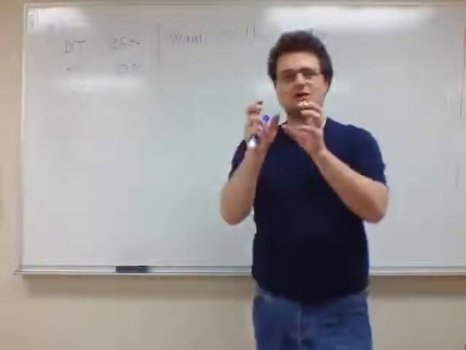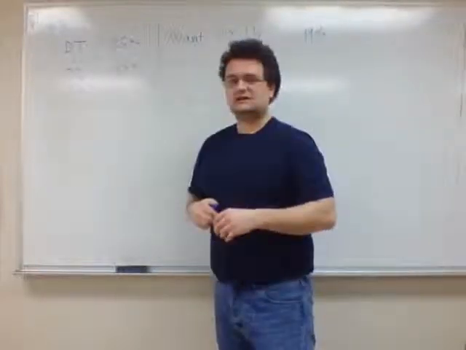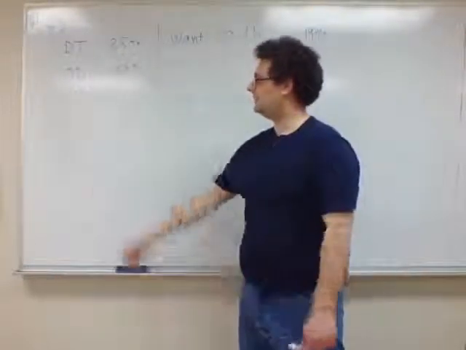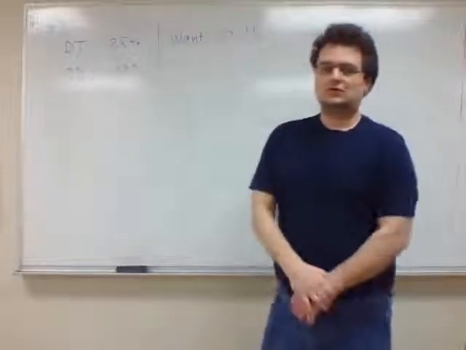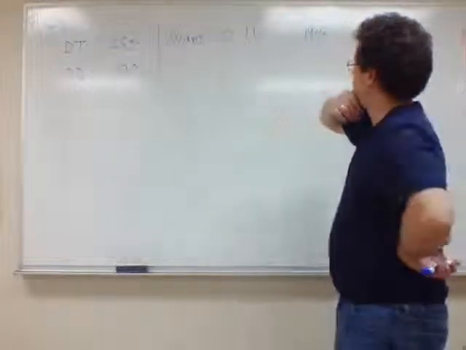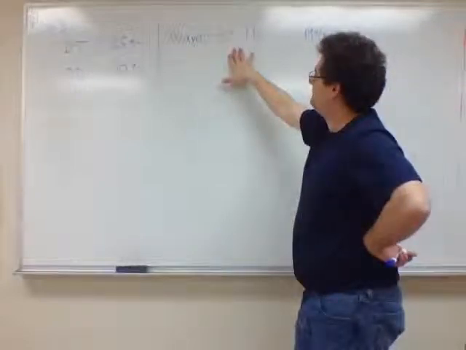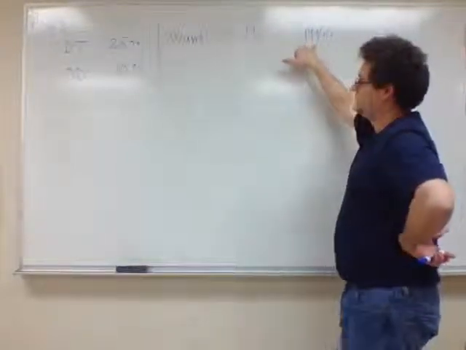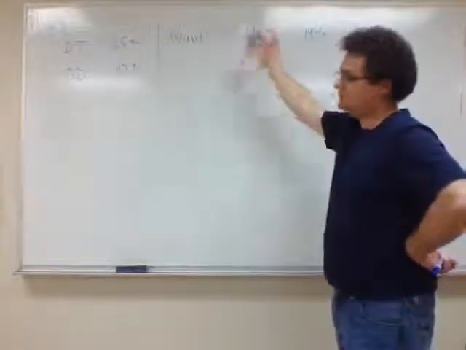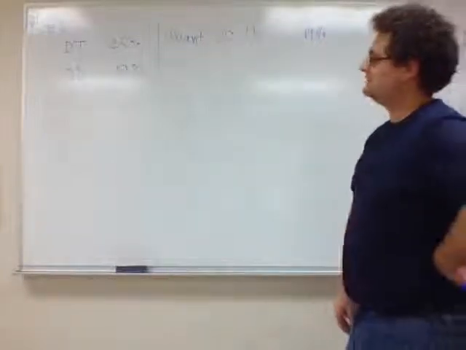It's just one component, and 25% of that component is in Deep Thought, and 10% of OD, Oat Dream, consists of nuts and dried fruit. Okay, and we want to get 20 pounds of a mixture which has 19% nuts and dried fruit.